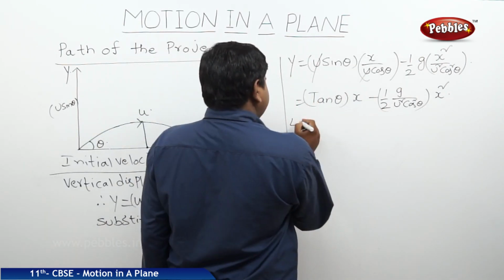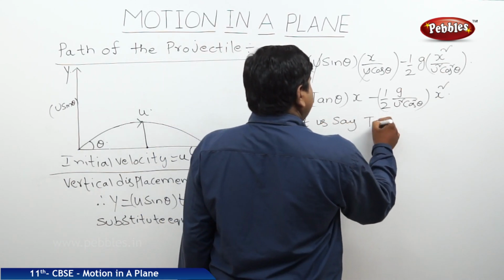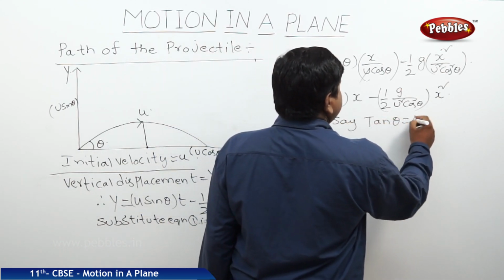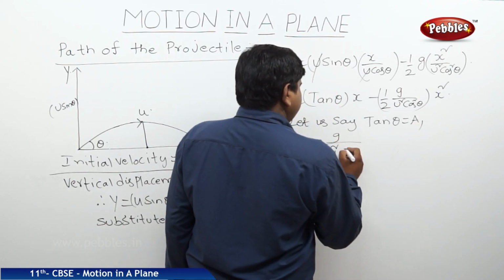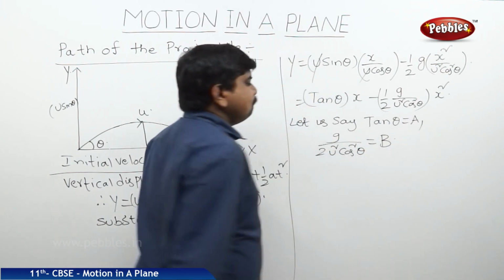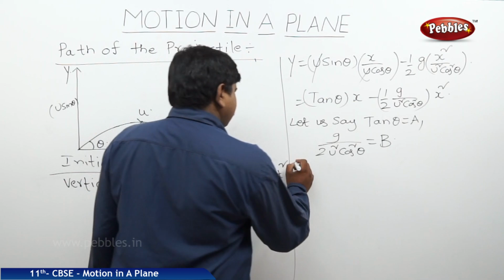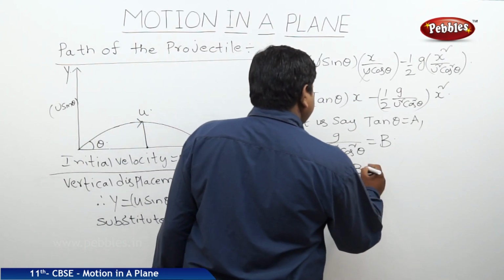So here let us say tan theta is equal to a and g by 2u square cos square theta is equal to b. Therefore y you will get ax minus bx square.